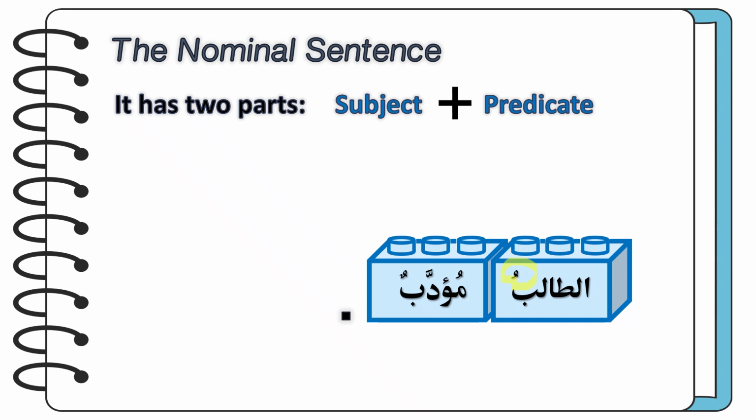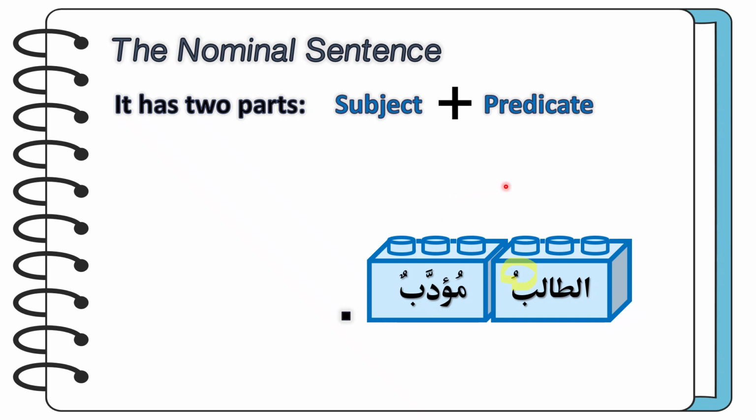In a nominal sentence, these two nouns, the subject and the predicate, they do not agree with each other. The subject should be definite and the predicate is indefinite, so it's the opposite.